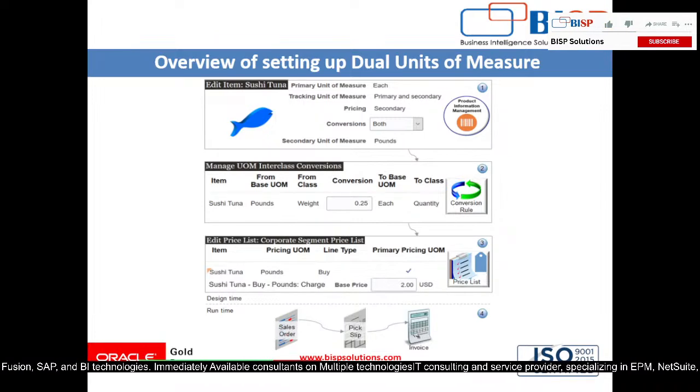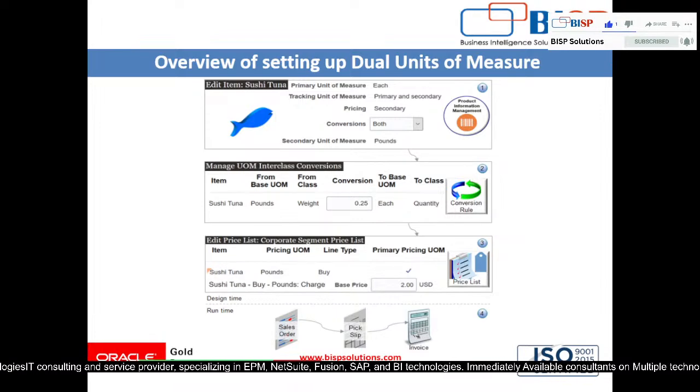You can also specify the base price, such as 2 USD, 3 USD, 5 USD per unit of pound, right? And you can also charge by 2 USD, right?